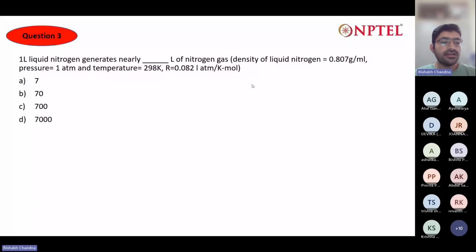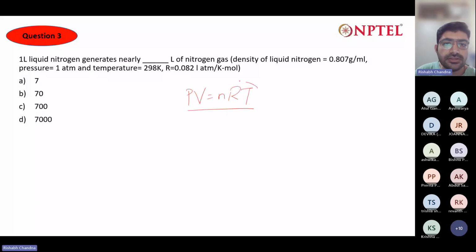So can anybody try doing it? How will you start solving this equation? Okay, I'll give one hint for people who don't remember. There is an ideal gas equation called PV equal to nRT.